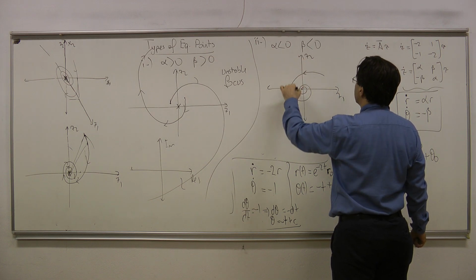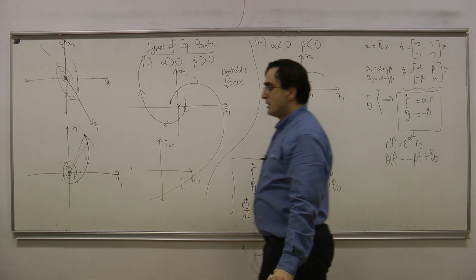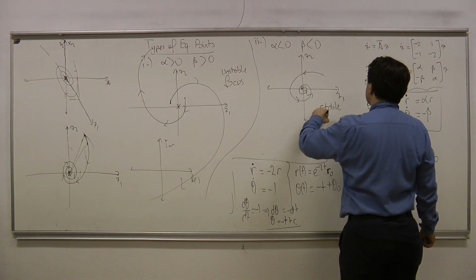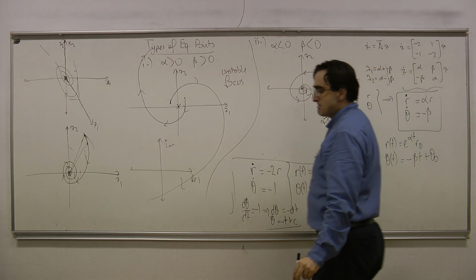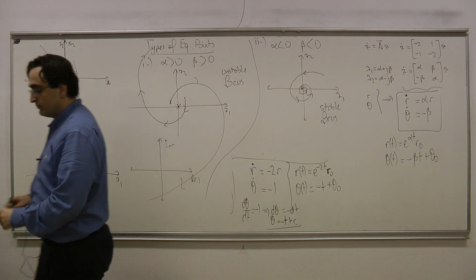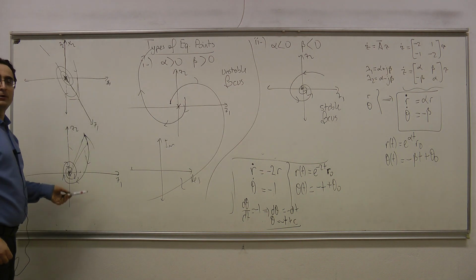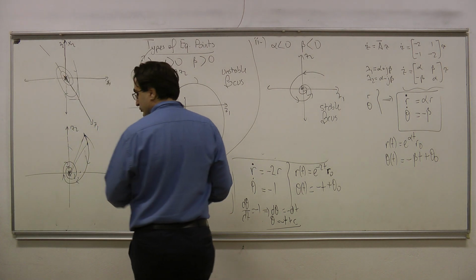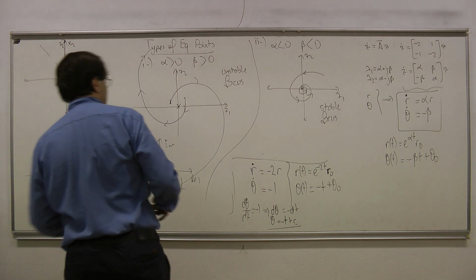So the system trajectories in the Z1, Z2 plane would look like this. This is called a stable focus. And our example was also a stable focus. Okay, this is the same, just the direction of rotation changes.